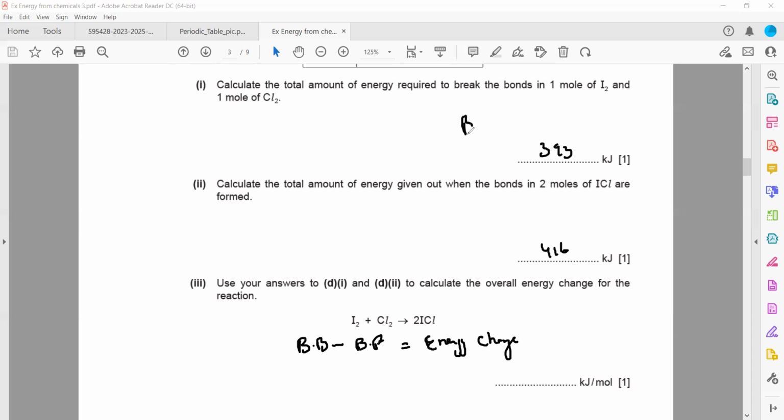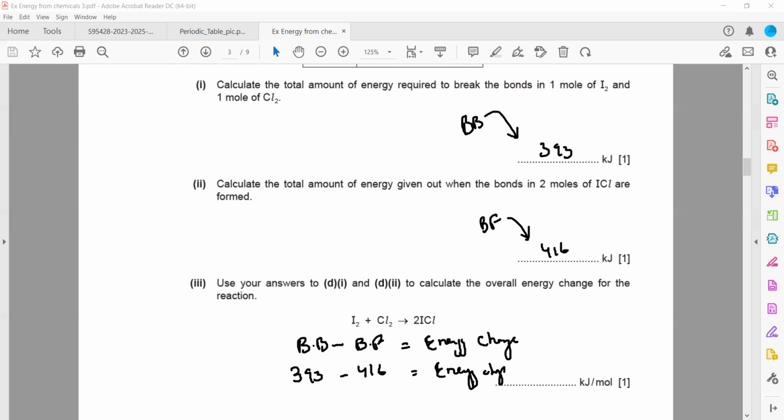The reactant side is bond breaking and the product side is bond forming. So bond breaking energy is 393 minus the bond forming energy 416. When we subtract, this will give us the energy change for this reaction.